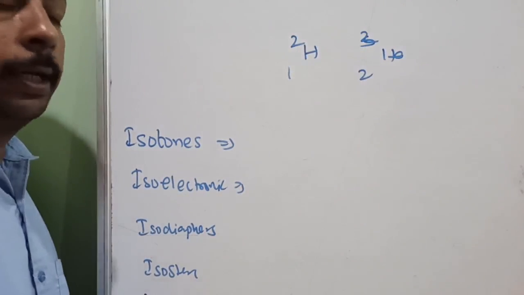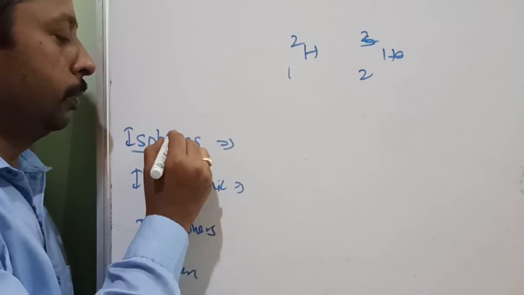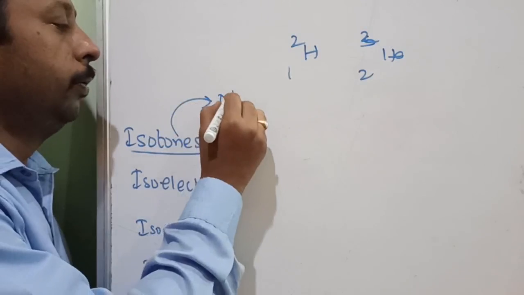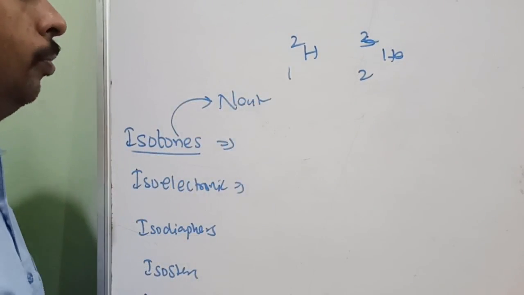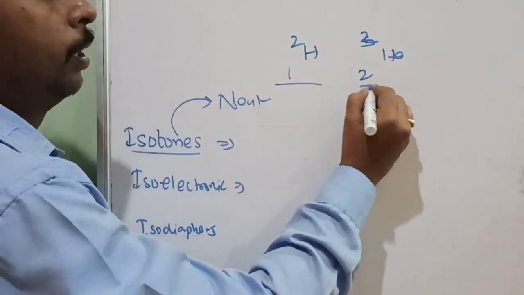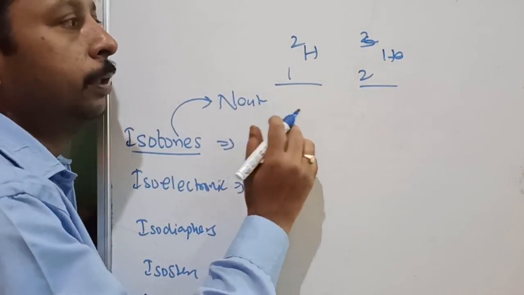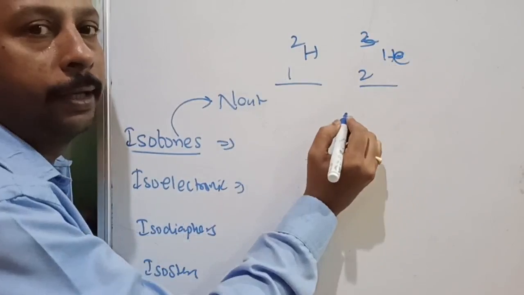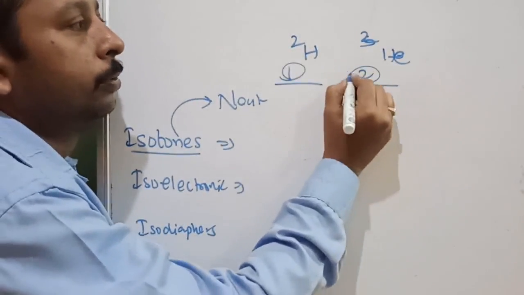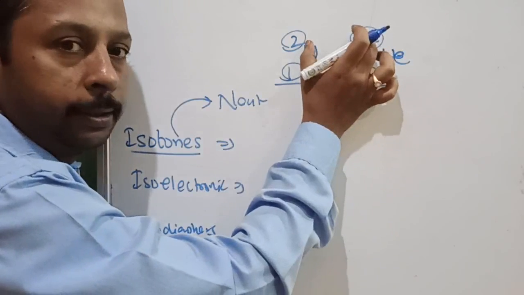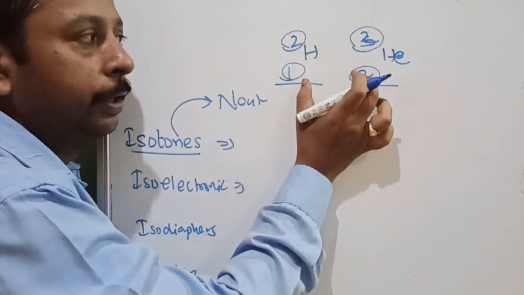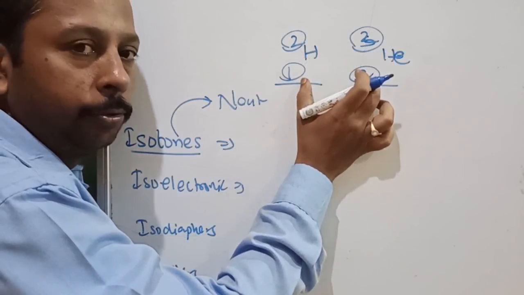Coming to the next topic, isotones: tone means neutron, so the neutron should be the same. How will you find the neutrons? Here the elements are different, atomic number is different, and mass number is also different. If mass number is the same, it is isobar. If atomic number is the same, it is isotope.